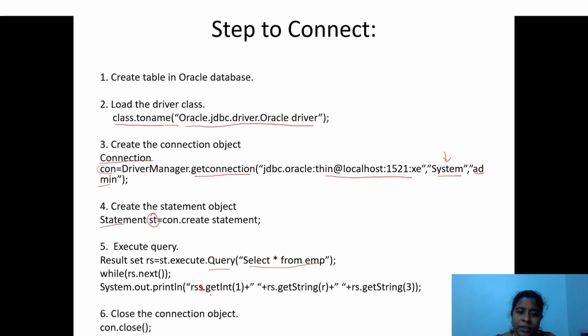Here, for example, student id, student name, etc. Depending upon the attributes in the table, they will be printed. Finally, you have to close the connection. For that, the syntax is the connection object dot close.